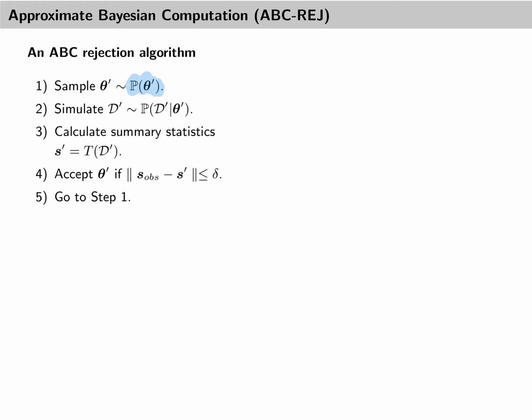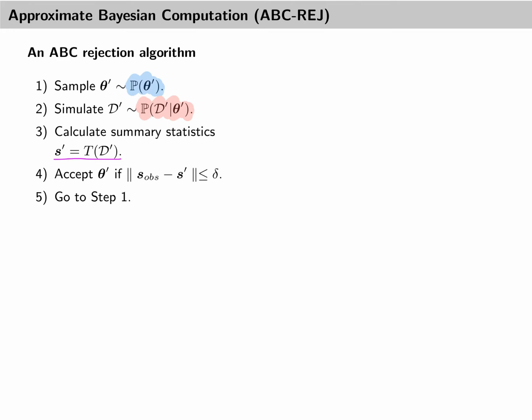Again, we then simulate some data d' under this model, that is, from the likelihood function. In contrast to the standard algorithm, however, we now don't compare that data d' directly to the observed data. Instead, we first calculate some summary statistics S' from that data d'. T here denotes any kind of function that summarizes the data d' in an m-dimensional summary statistics vector S'.